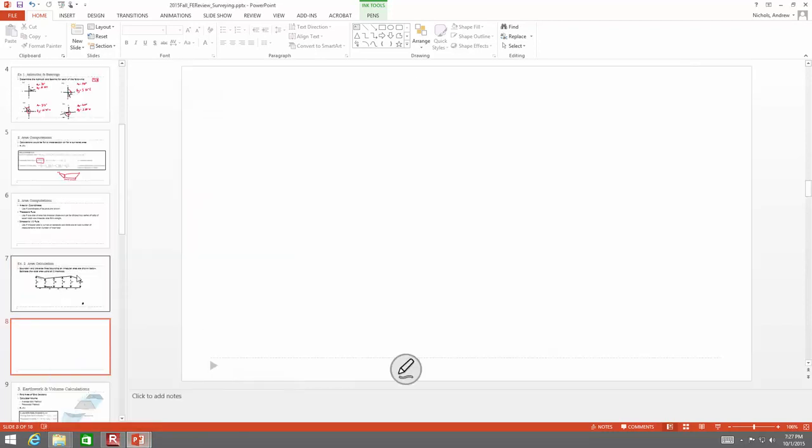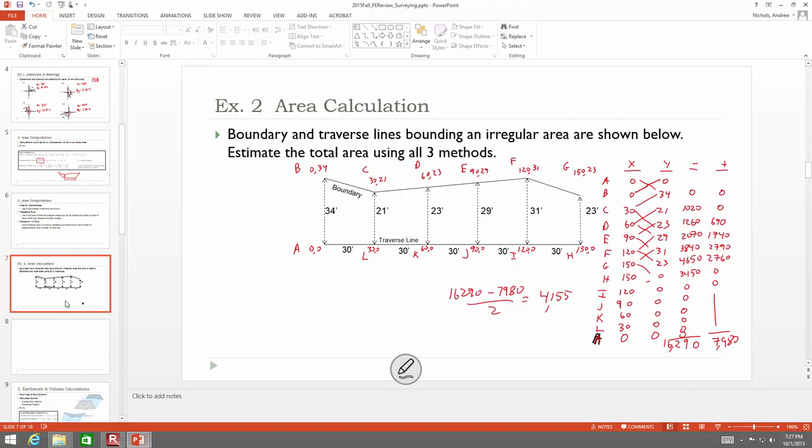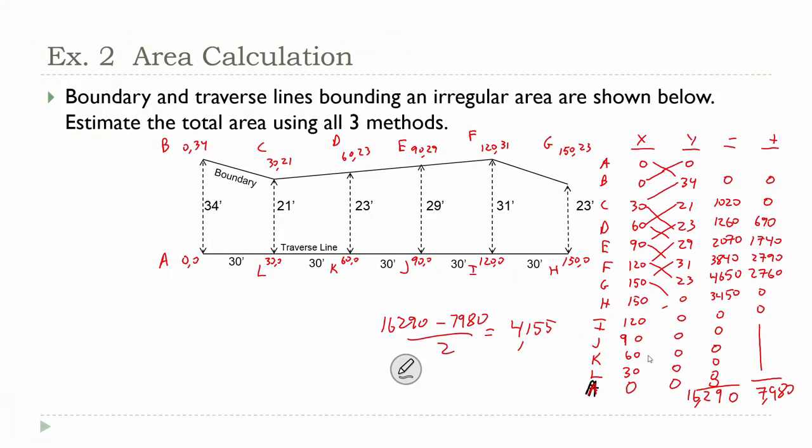Okay, let's see if we can figure out the trapezoid. So we got the trapezoid equation. Let's see if we can figure out how to apply it here. So for the trapezoid rule, we're going to calculate the area of each one of the trapezoids.